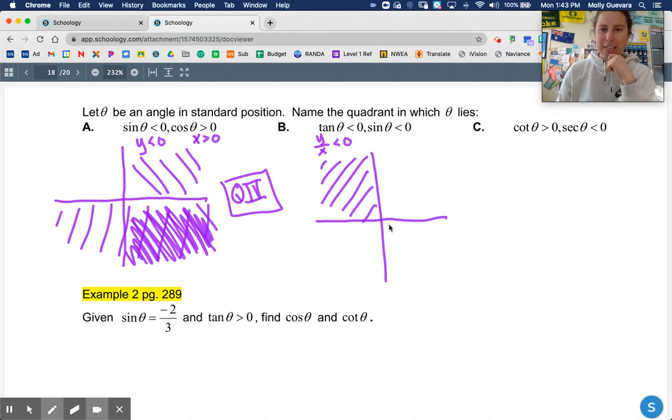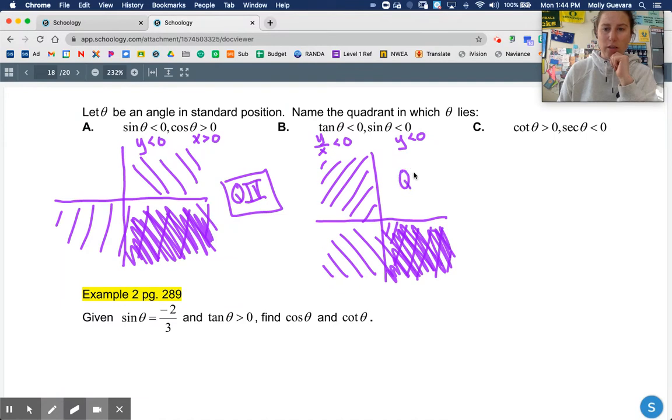And then x is positive and y is negative here. So it's either 2 or 4. Then it also tells me that y is less than 0, meaning my y coordinates are negative, which we already know is quadrants 3 and 4. So again, this overlaps at quadrant 4. So this angle is in quadrant 4.